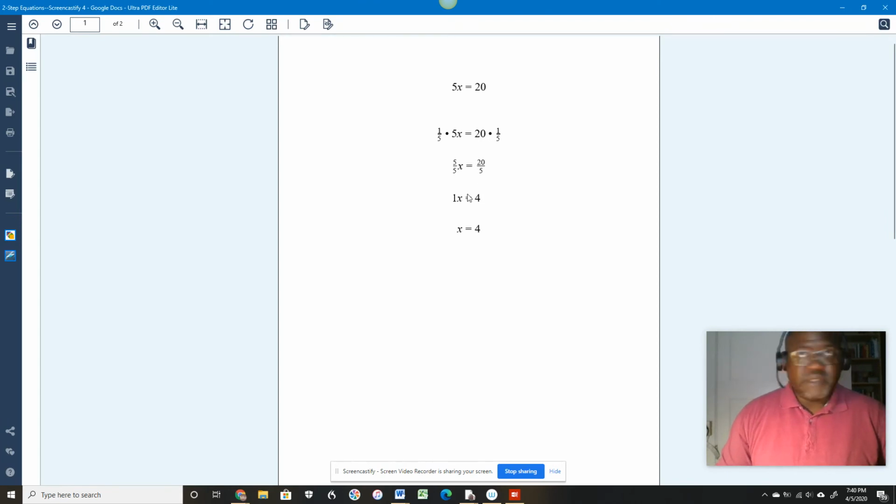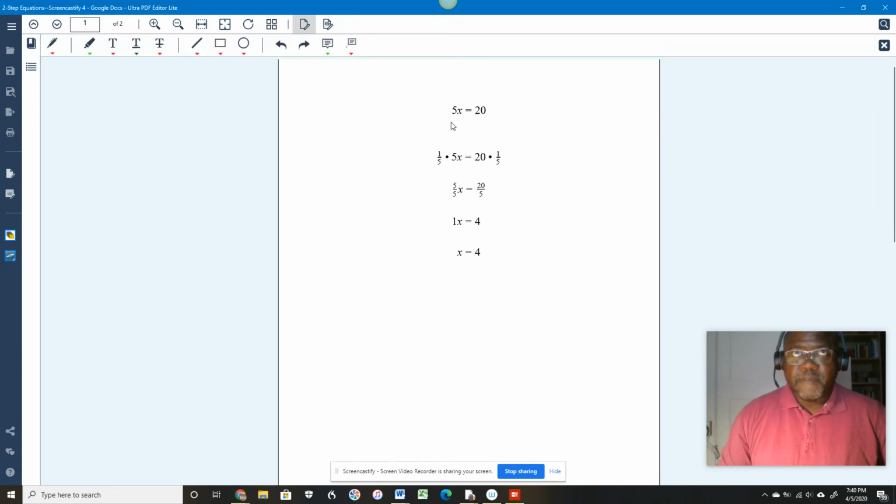Okay, in this equation, 1/5 times 5, they cancel each other out. And to see how they cancel each other out, 5 times 1/5 is 5/5. That equals 1. Okay, so we're left with x.